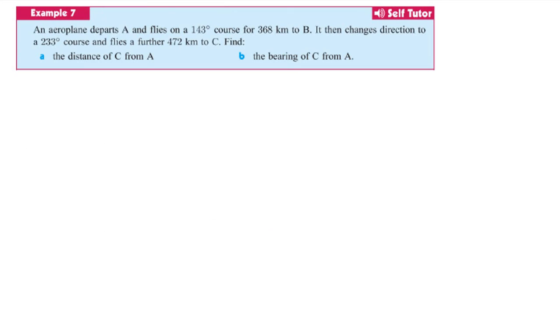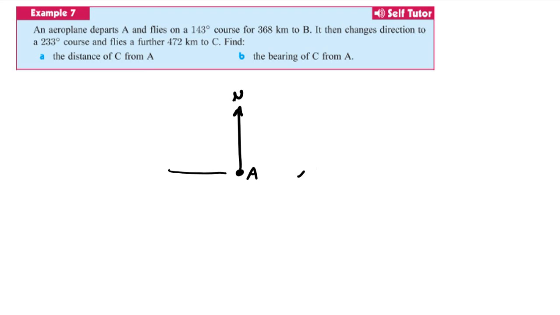So we've got an aeroplane departing from A. You've got to make sure diagrams for this are drawn. Try for the center of the page, otherwise you might not have enough space. So there's A, there's north, and it flies on a 143 degree course.